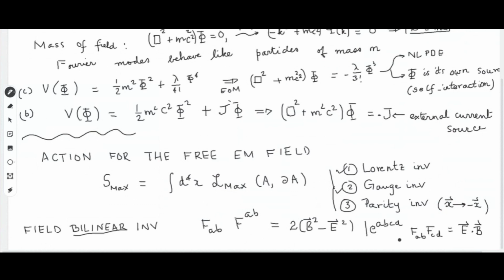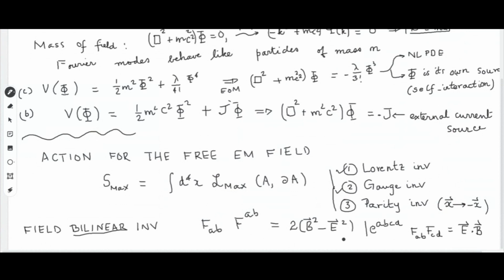No, sir, they don't have the same parity. Because for B square minus C square, if I change x to minus x, then B square minus C square remains the same.